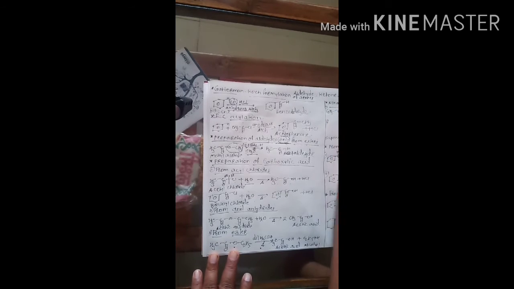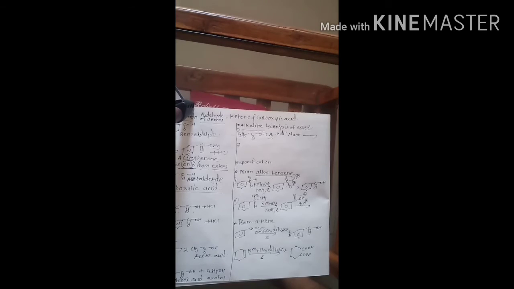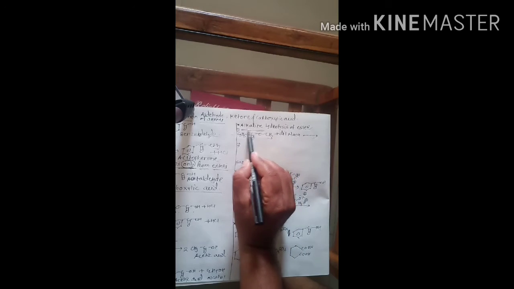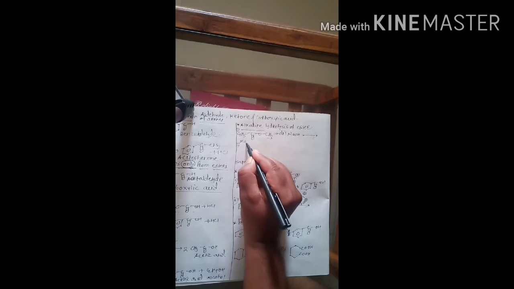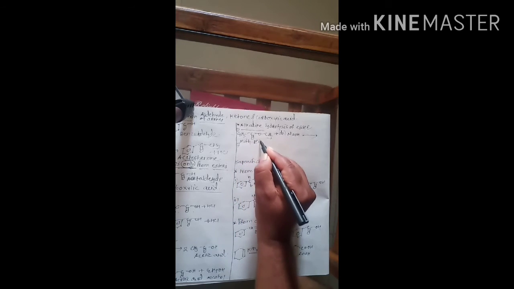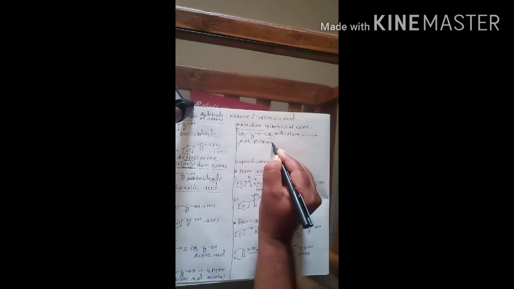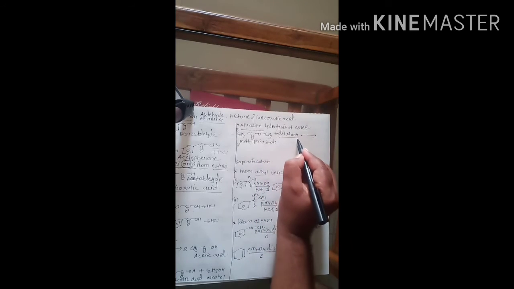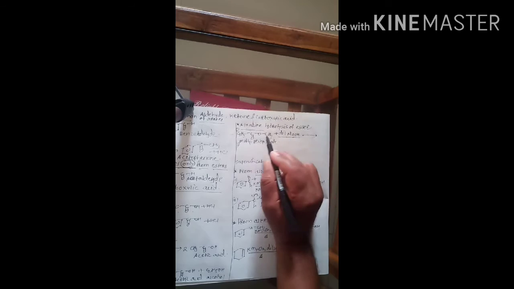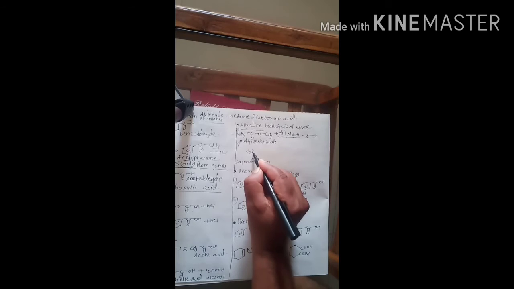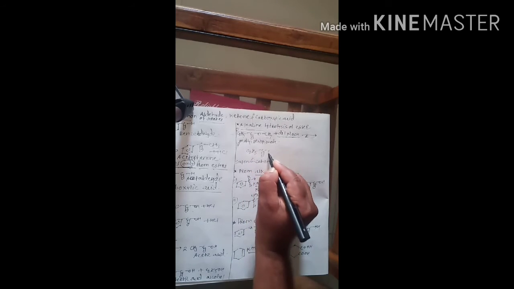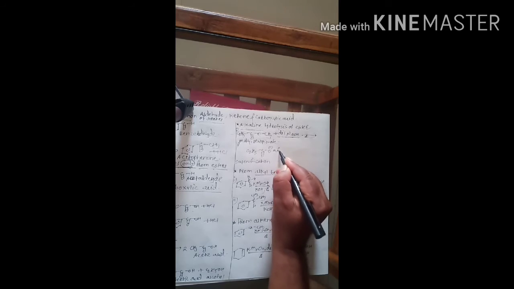If we consider the next reaction, that is alkaline hydrolysis of ester, this is methyl propionate. Methyl propionate, when it is treated with dilute NaOH, that is dilute alkali, then it undergoes alkaline hydrolysis to form C2H5COO- Na+.